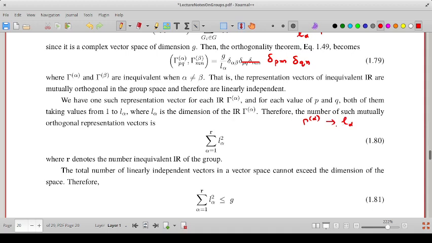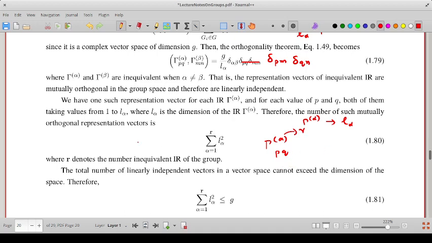So P can run from 1 to L alpha and Q can run from 1 to L alpha. So if I construct vectors of this form, gamma alpha PQ, there will be R possibilities for alpha, and for each alpha there will be L alpha possibilities for P and L alpha possibilities for Q.